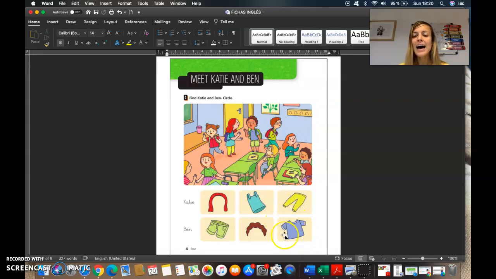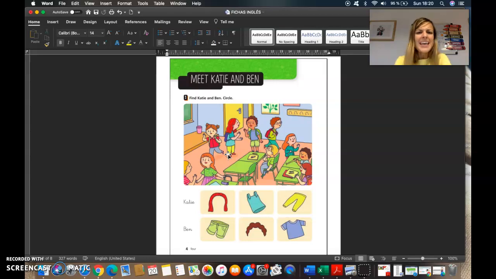He has got a blue t-shirt. This is a t-shirt like me. I wear a yellow t-shirt. And also he has got green shirt. Where is he? Fantastic! He is here talking to Katie. And he is wearing a green backpack with all of his books. Fantastic! Now you can encircle with one color Ben and you can encircle with other color Katie.